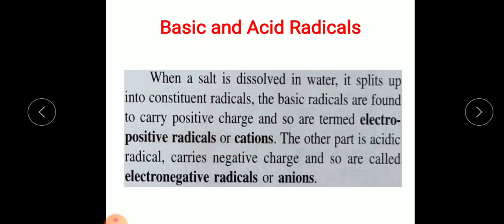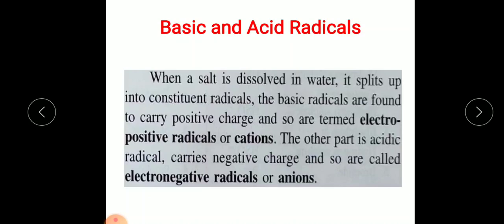For example, when sodium chloride dissolves in water, it gives positive and negative radicals, and Na plus will be the positive radical.